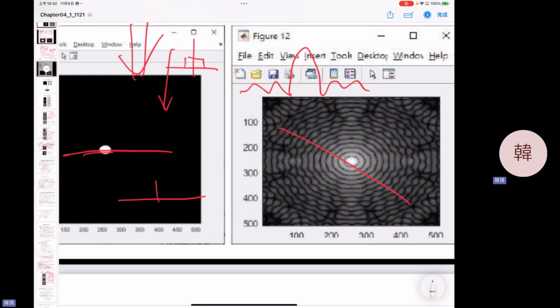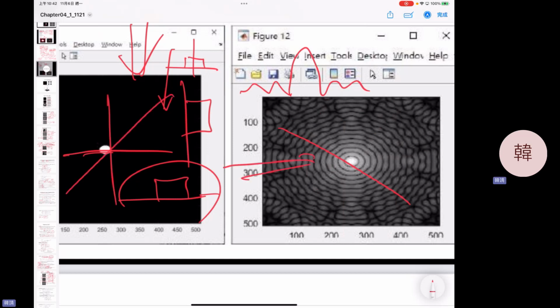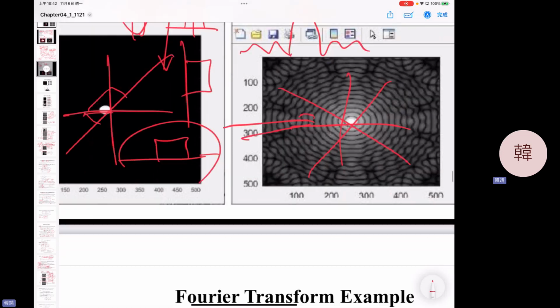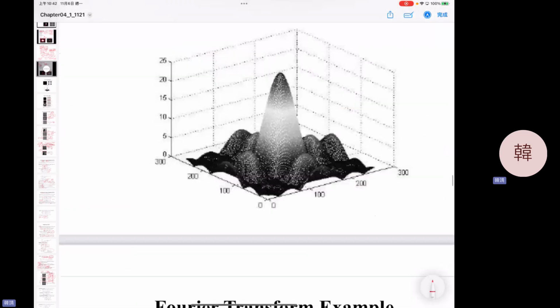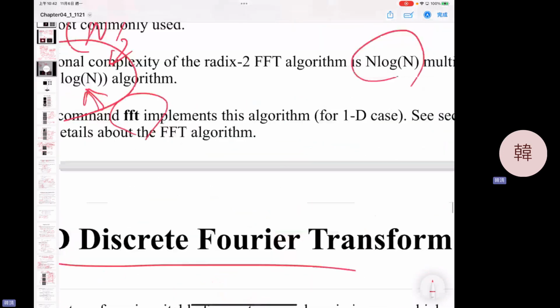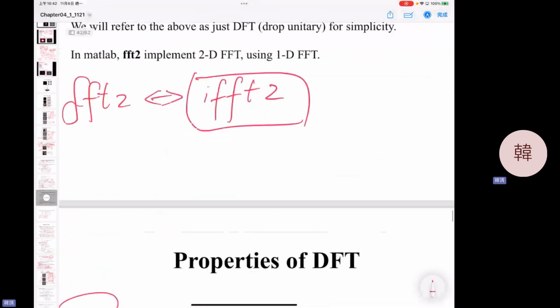If you look at every profile, it should be a rectangle shape in every direction. When you transform to the Fourier domain, it becomes a sinc in every direction. So if every direction has a sinc, it becomes like a ring image in the magnitude spectrum.